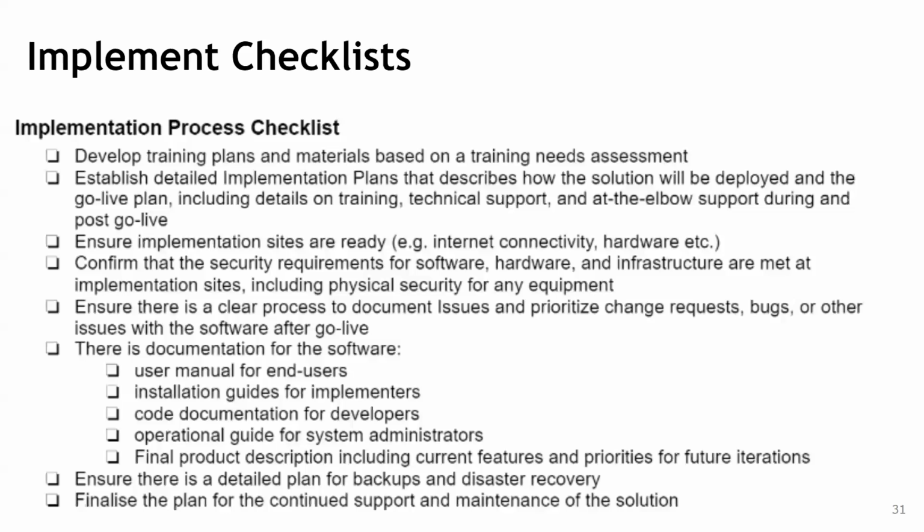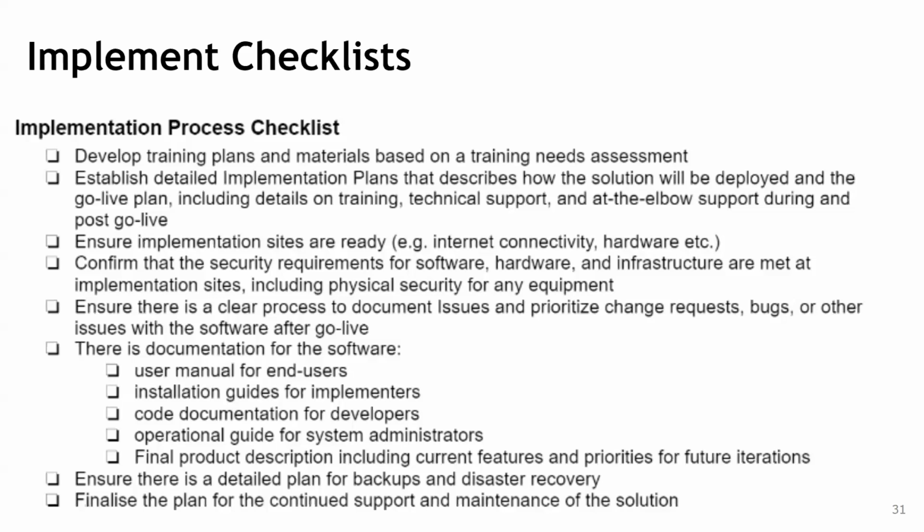Also, create a detailed implementation plan that will explain how the software will be deployed, including the training, technical support, and elbow support. Because when you are implementing a system, you don't just go there, train, and then go away.